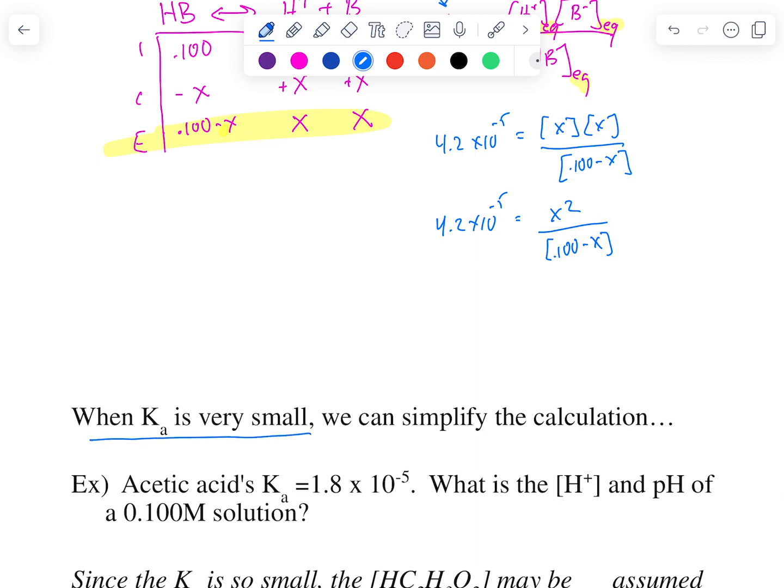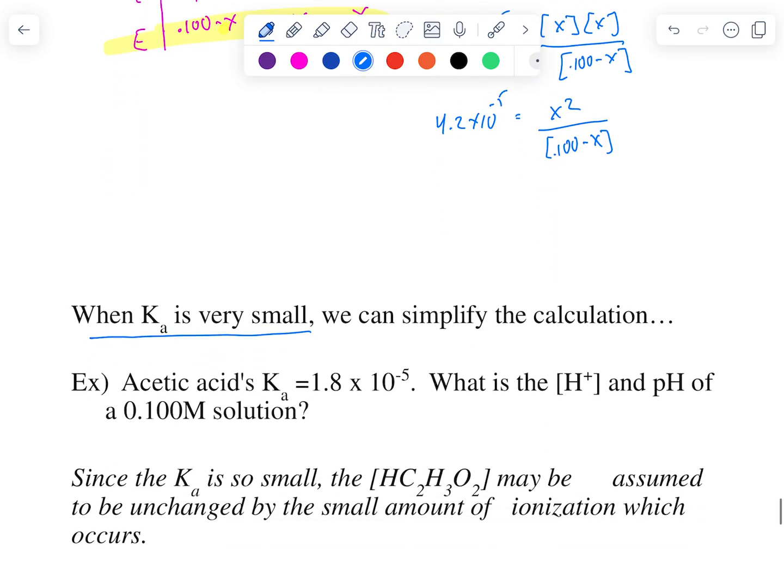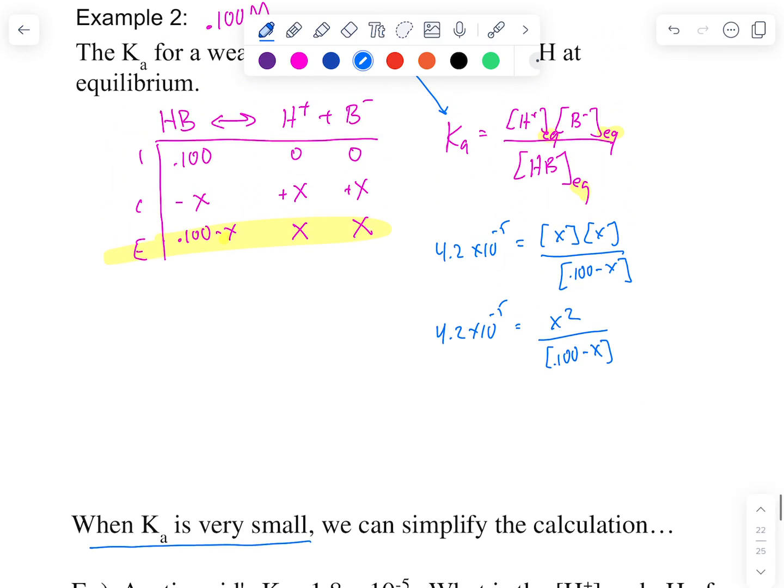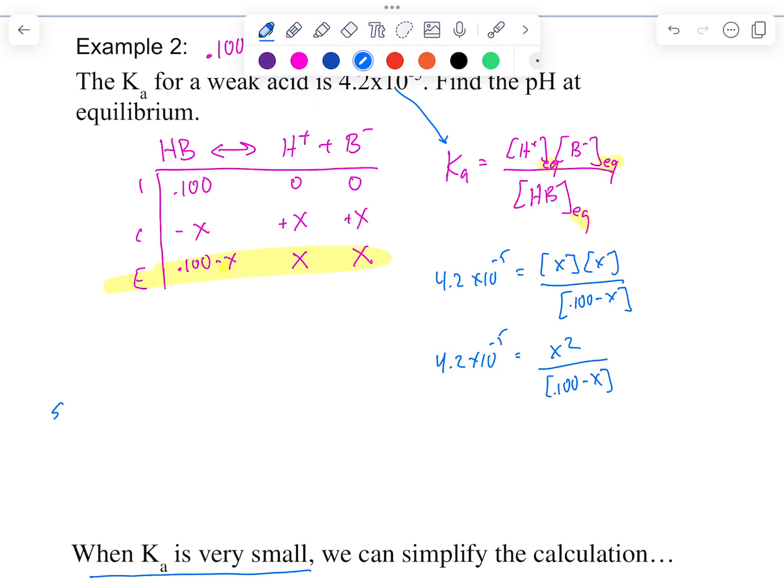When the Ka is very small, we can simplify the calculation. What small means is that your Ka here, 10 to the negative fifth, and your initial concentration, 0.1, notice how it's on the order of 4 orders of magnitude apart.